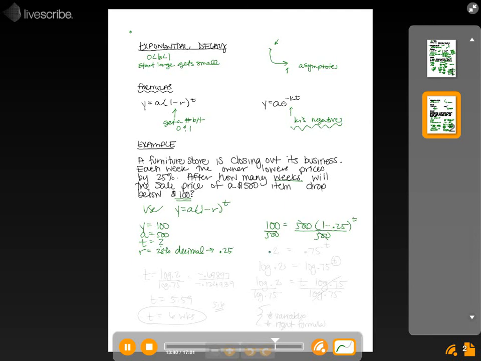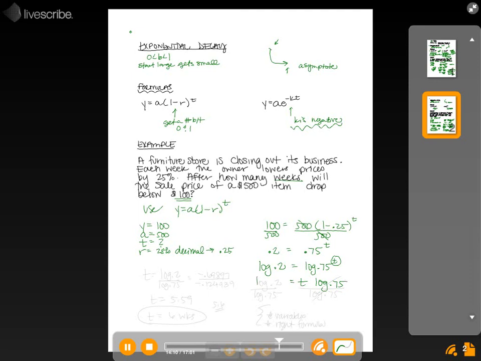100 divided by 500 is 0.2 equals 1 minus 0.25, which is 0.75, to the t power. Now you've done a problem like this. You can't get the same base on both sides. This is something you've done in 10.4. So what we're going to do is take the common log of both sides, log base 10. What happens now is that your exponent up here can move out in front.